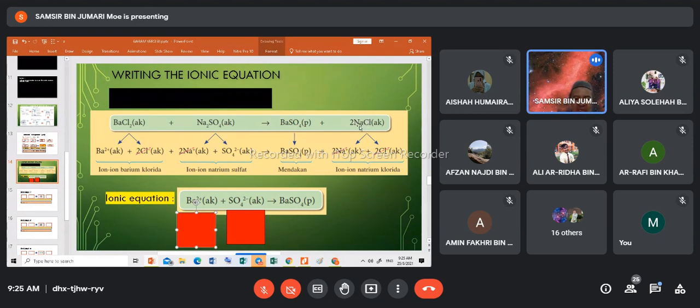Kerana apa? Kalau kita gunakan barium chloride, katalah kita nak menjadikan sodium chloride ini using this reaction, in this reaction we have to put barium ion and sulfate ion in excess.